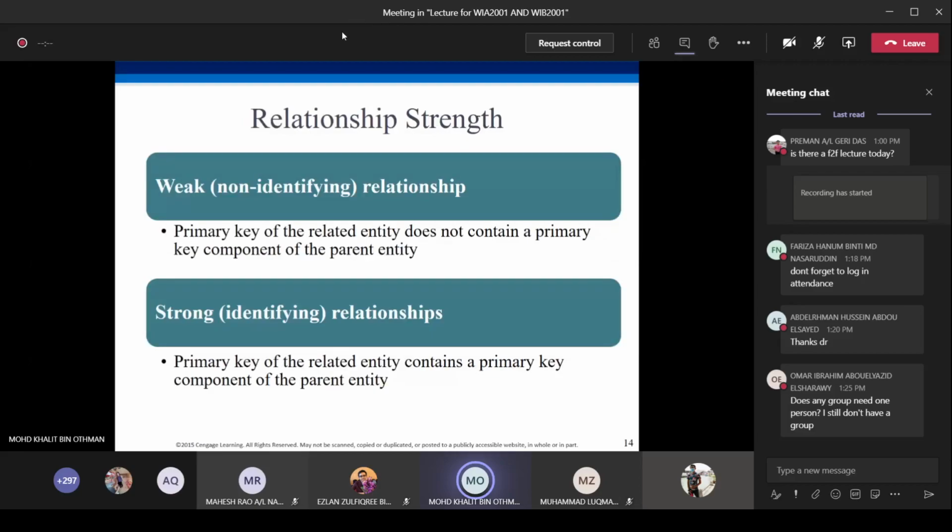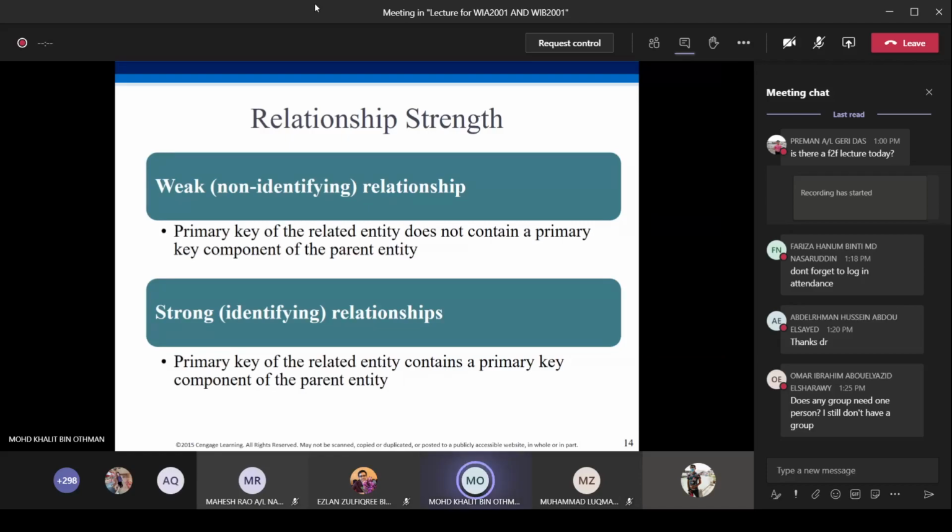We move to relationship strength. For relationship strength, we have weak relationship and strong relationship.